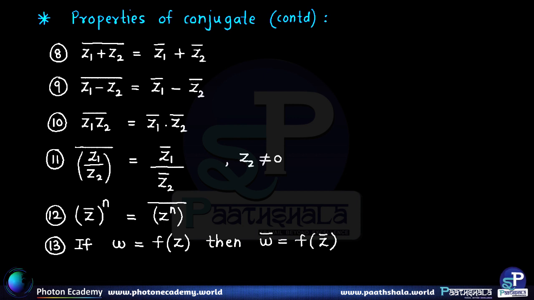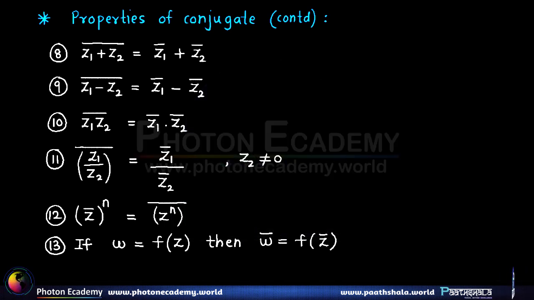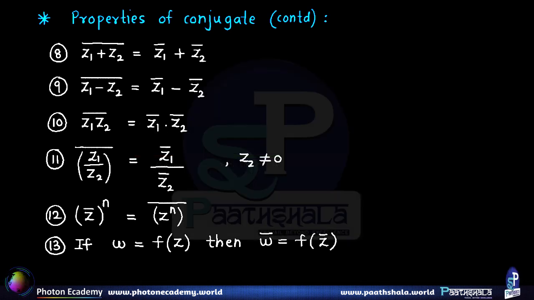Now in the 12th one we have z bar raised to n is the same as the conjugate of z raised to n. That is, whether we take the conjugate first and raise it to the power n, it is the same as raising it to the power n and then taking the conjugate.